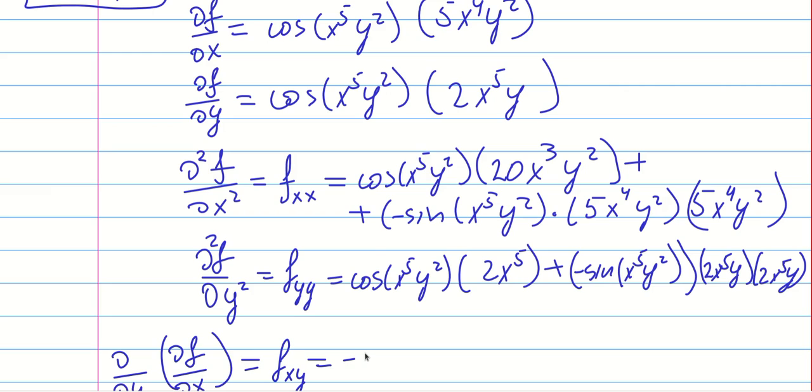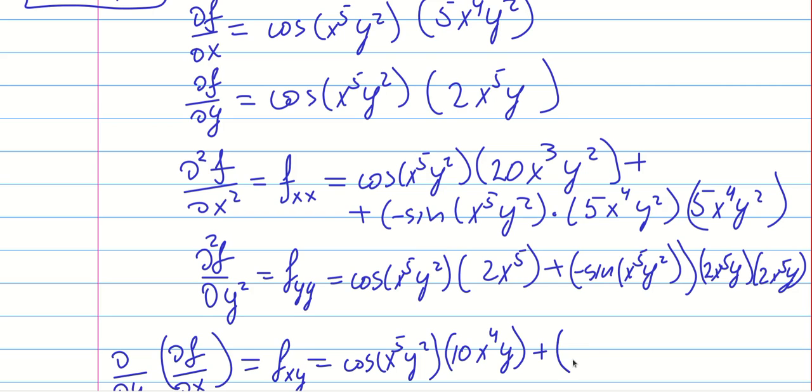So it's going to be cosine of x to the 5 y squared, now the derivative of this function with respect to y, so it's going to be 10x to the 4 y.